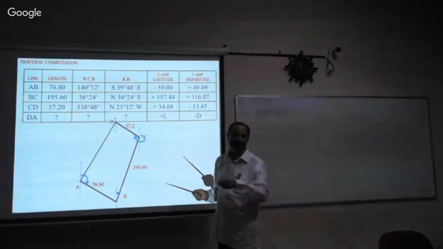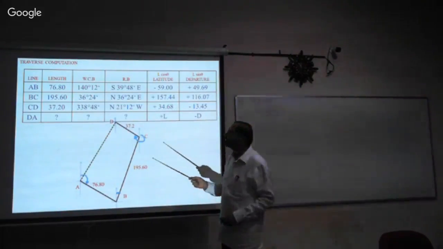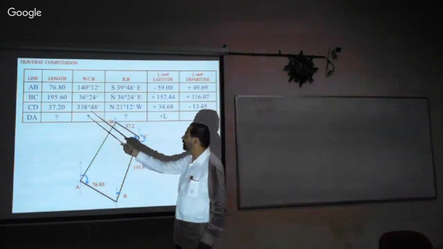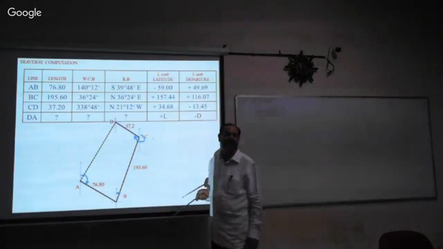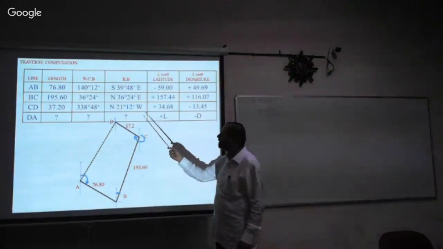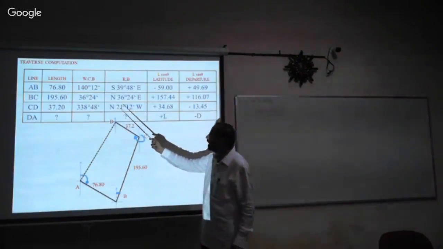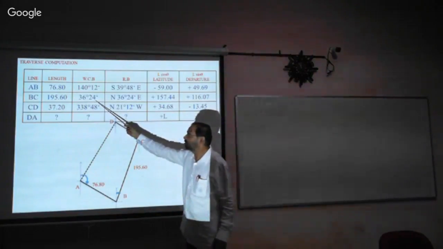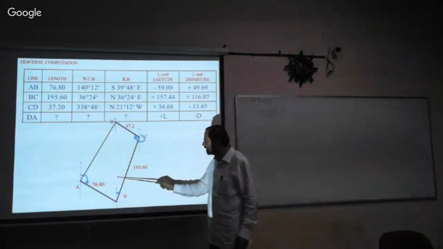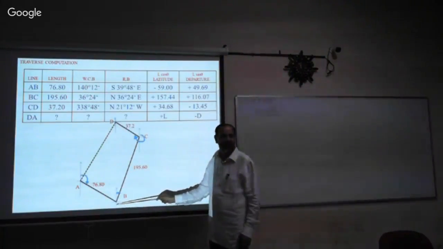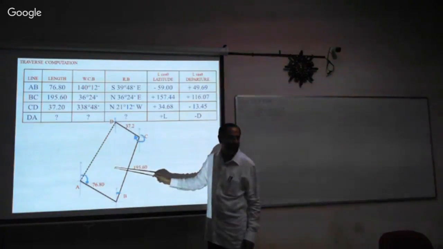We will consider the second line. Second survey line, BC, from B to C. BC's whole circle bearing is given as 36 degrees, 24 minutes. See, this is the north line.